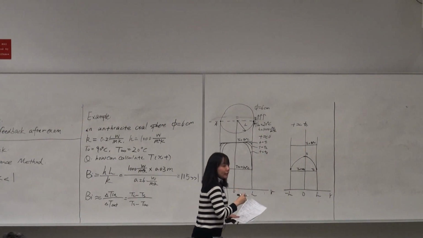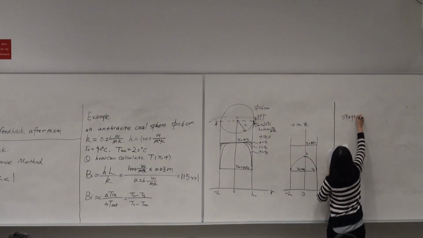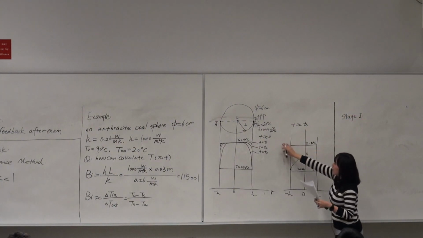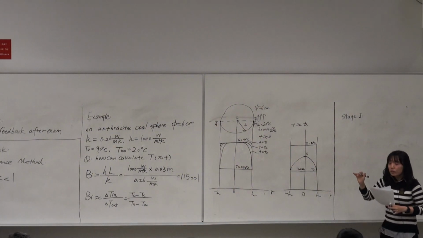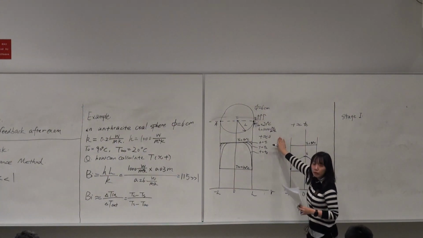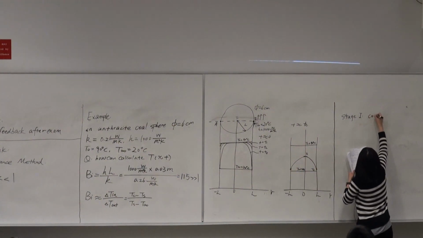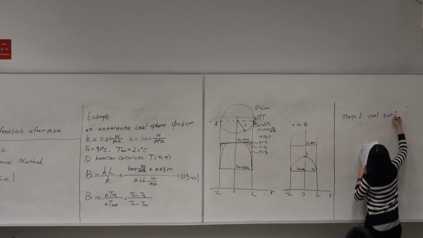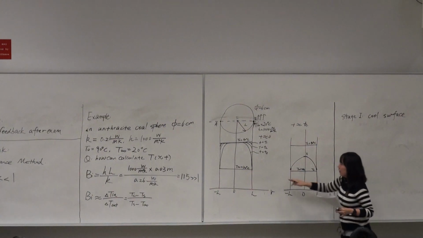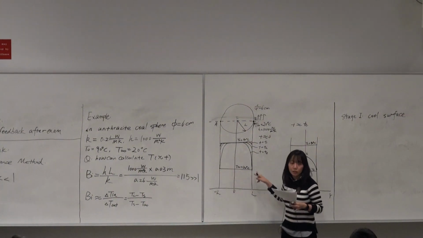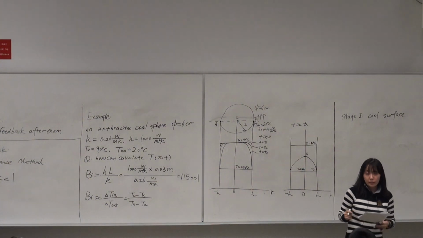So we call this stage 1, from T0 to T3. In this stage, the cooling fluid only cools down the surface, until the surface temperature reaches the same temperature as that of the cooling fluid.